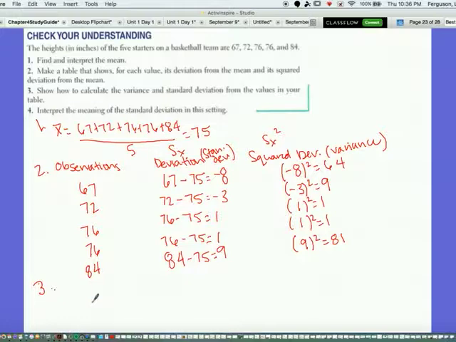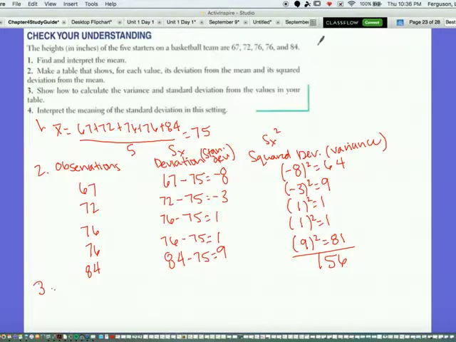In this case, that would mean 156, because we added together 64 plus 9 plus 1 plus 1 plus 81, and that gives us a total of 156. And we would divide that by 4.